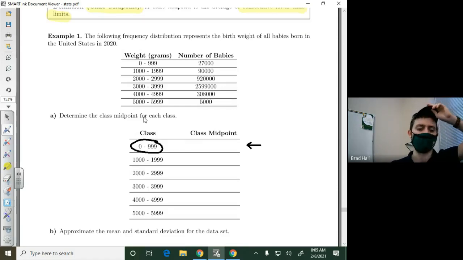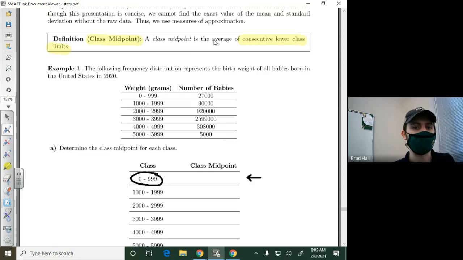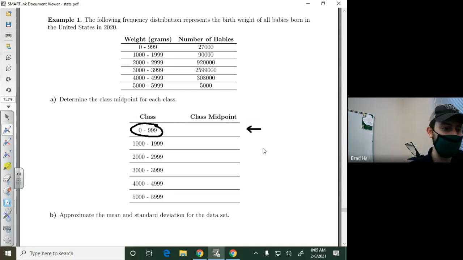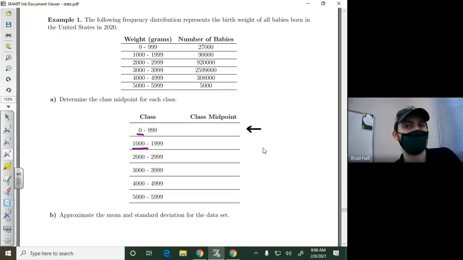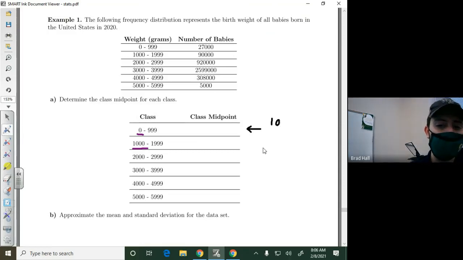Remember, it's the average between consecutive lower class limits. Consecutive lower class limits would be 0 and 1,000. Those are the lower limits for their respective classes. You need to find the average between those two, which is 500.